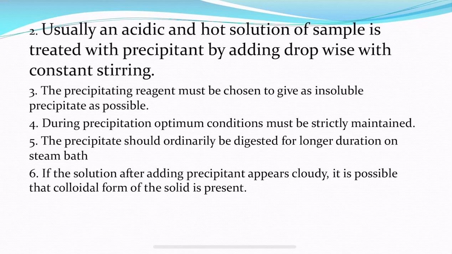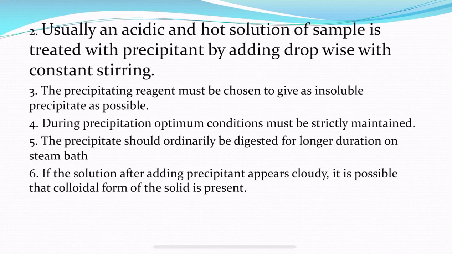We should stir it, then only the precipitate will form efficiently. So, this speeds up precipitation reaction and helps to get granular crystalline precipitates, and this helps us to avoid the co-precipitation.